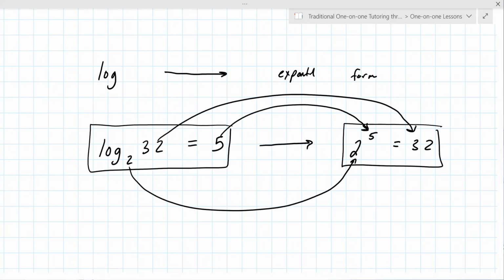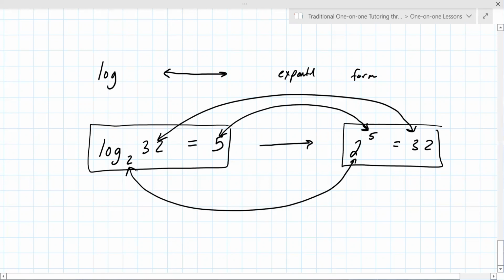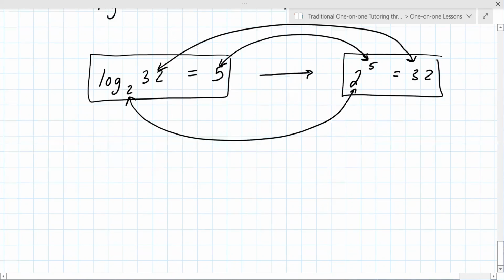But these actually also go backwards. I can give you an exponential form and go backwards to a log form, and we can do that as well. But let's just do a couple of these going from log to exponential form.